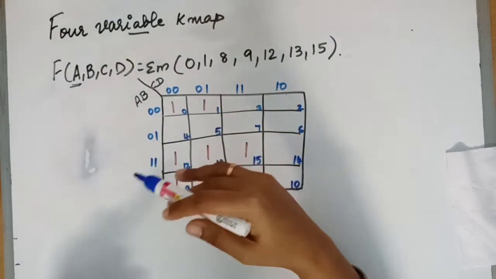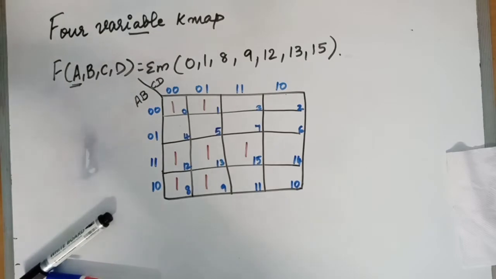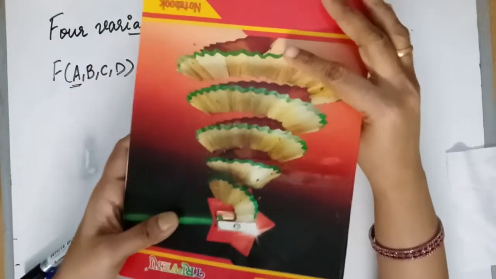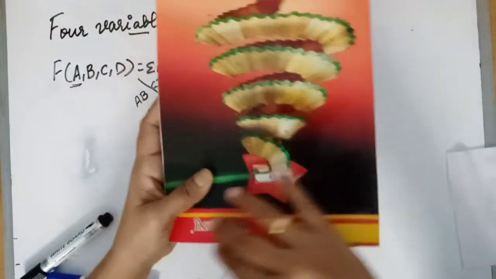Okay, so you can fold the K map. You can fold the K map vertically to form the quad. So here you have 2 ones and here you have 2 ones.